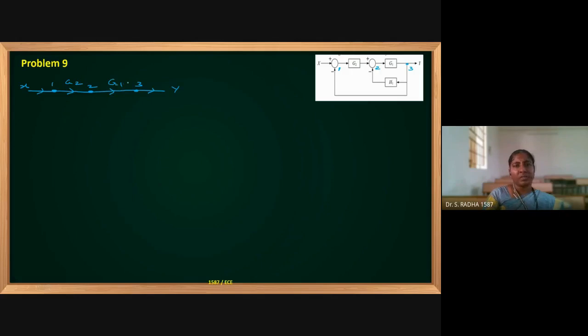And there is a path backward from 3 to 2, and the minus sign is there, so I will write minus H1 here. Between 3 and 1, this is another path, again one backward path is there.